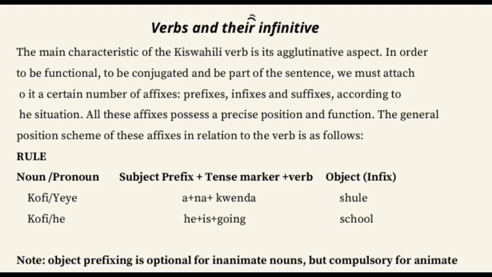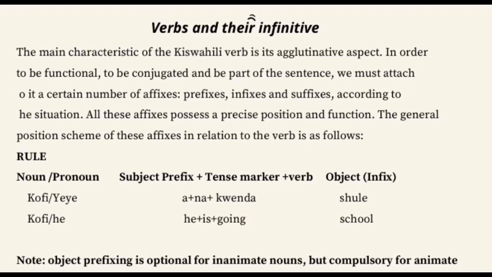Remember that we said all nouns, be it pronouns or a name of something, should always have a subject prefix. Then we have the tense marker and then the object. So, we will have Kofi, a, na, kula. But all these are written together.